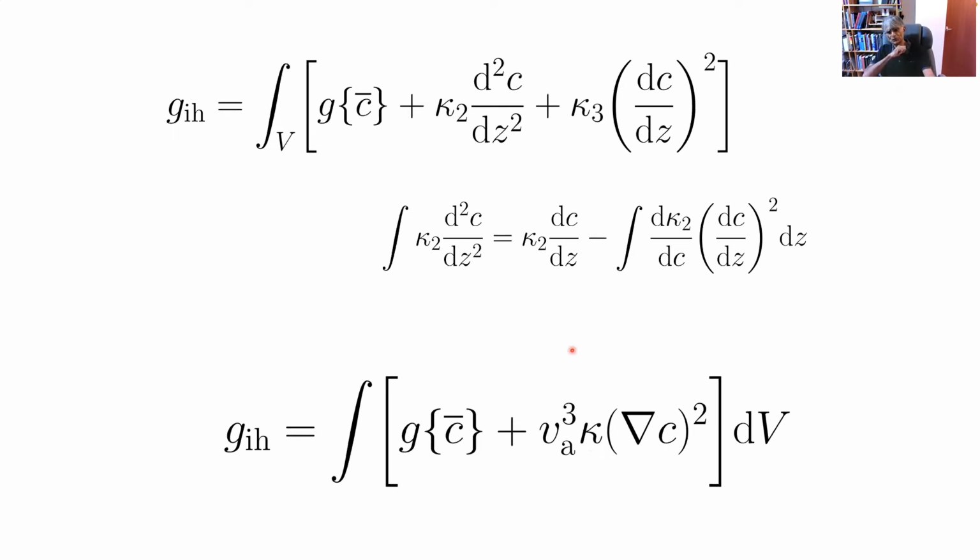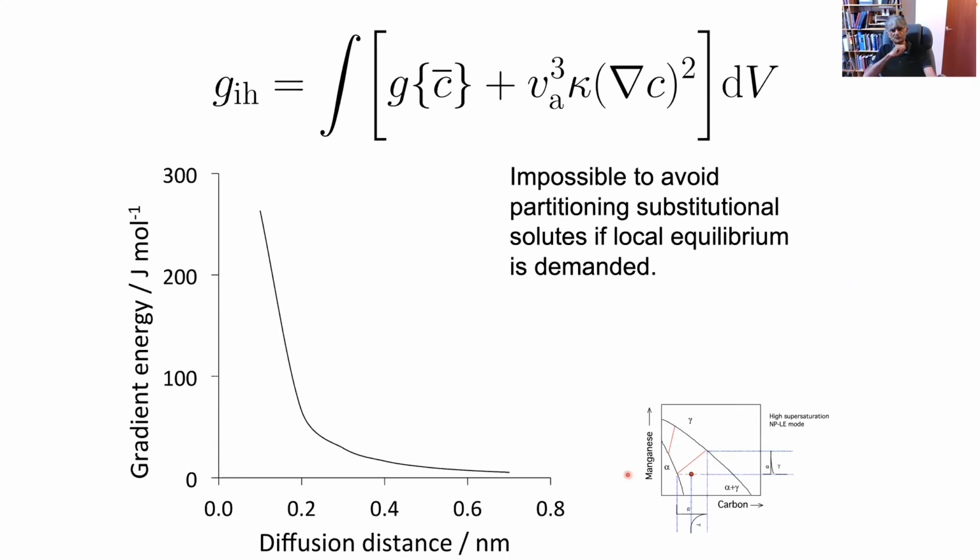So I'm going to show you some numbers now on how significant this is in the context of the negligible partitioning local equilibrium model. So I did some calculations for the iron chrome system, and here we have the contribution from the gradient energy term. It's positive.